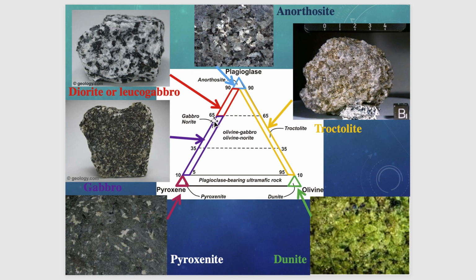But here, you move down and increase the amount of black or darker phenocrysts, and so the rock becomes dominated by the pyroxene until you end up in a pyroxenite, which is almost devoid of plagioclase and olivine.